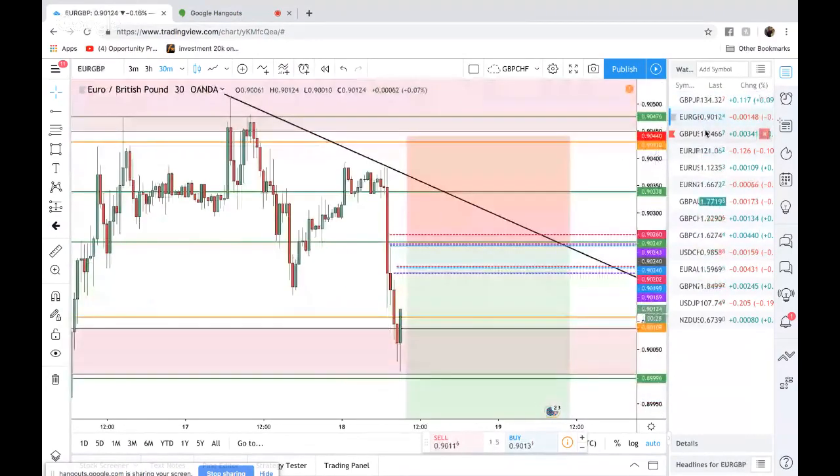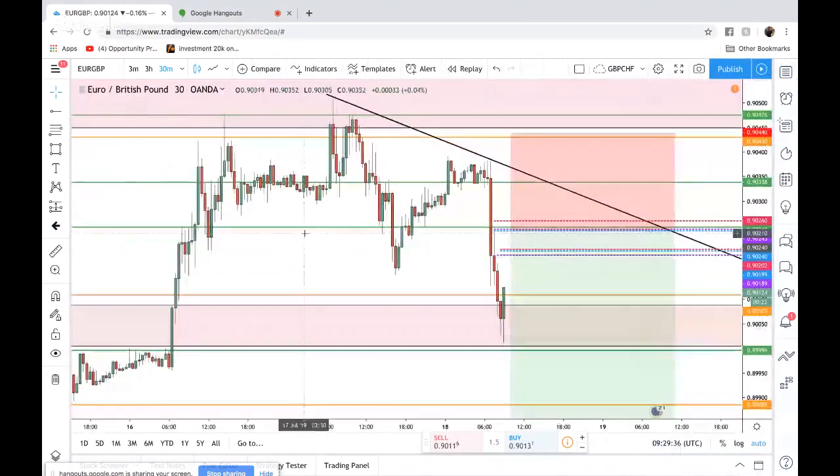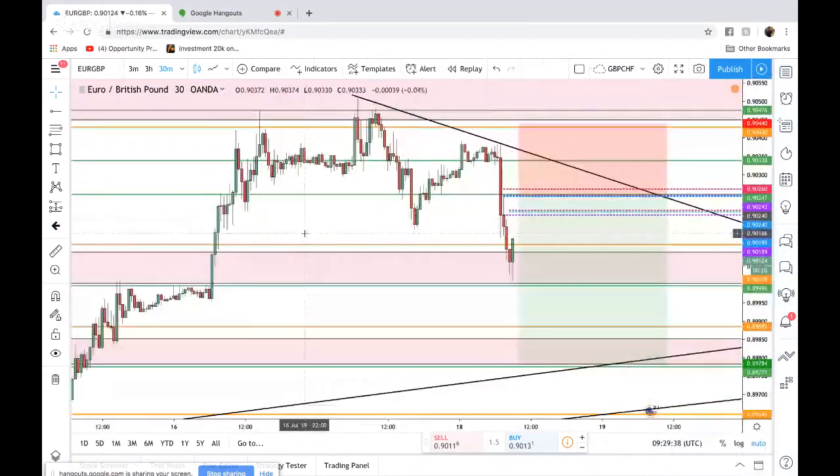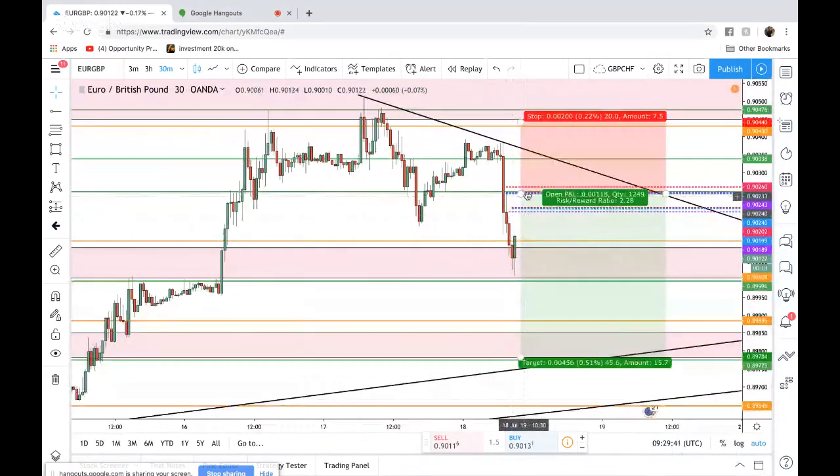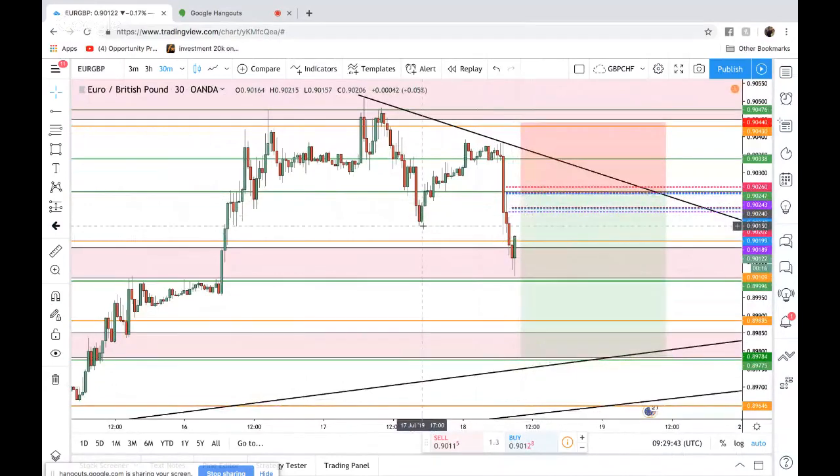I do like how this EG is looking. If you remember, we wanted EG to actually retrace potentially to these levels. So now that we got that, it's just a matter of time.